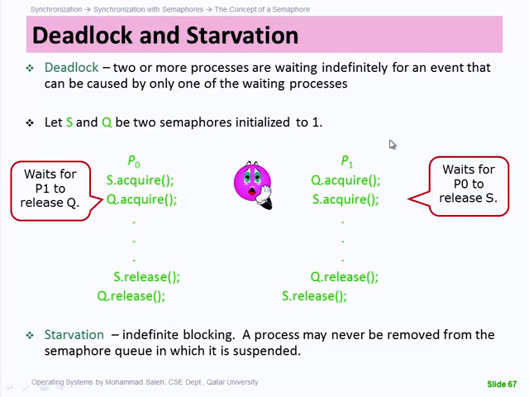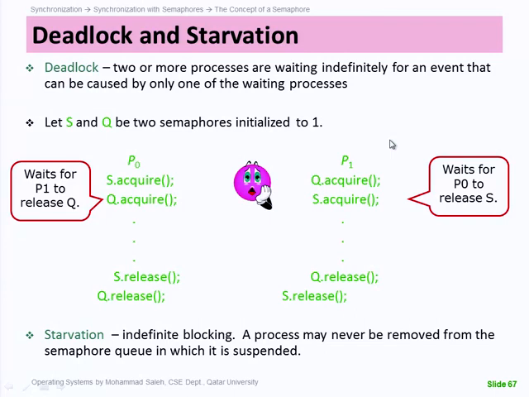The first resource, we modeled it with semaphore S. The second resource, we modeled it with a semaphore Q. Now assume the logic of execution for these processes is acquiring these resources. So P0 acquiring the resource S means it calls acquire with the semaphore S.